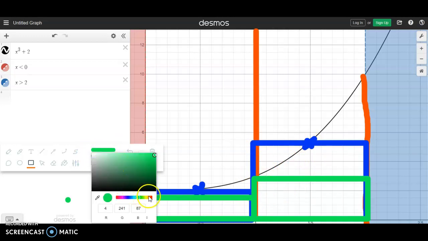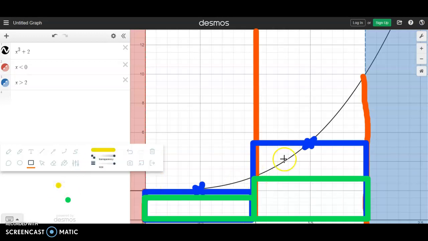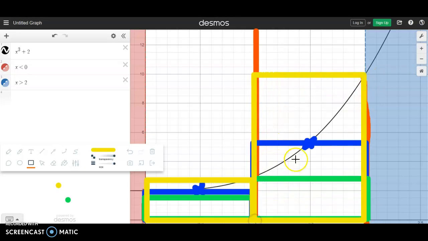And in yellow we've got the right-hand endpoint, where it would be something like this, and then something like this. So you see that the midpoint rule gives us an answer much closer to the actual area.